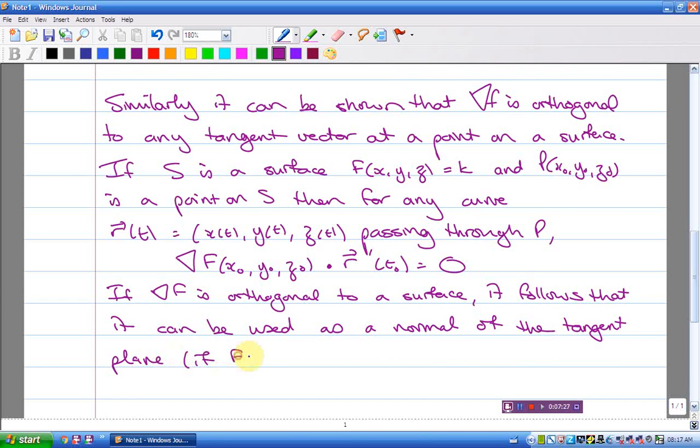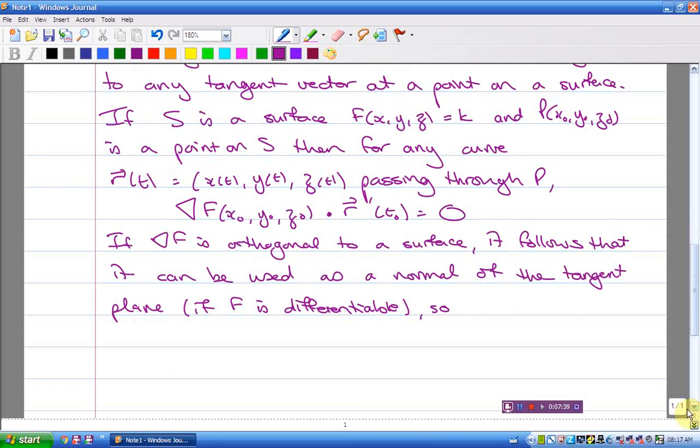If it in fact even has a tangent plane, in other words, if f is differentiable. And so we end up with the x derivative. So you know when you have a plane, you have ax plus by plus cz equals d.